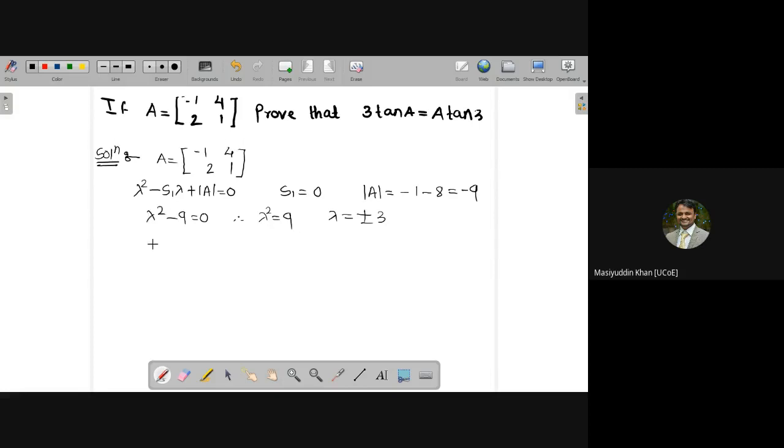Now moving ahead with the next part, we have to find the characteristic equation matrix. This becomes [-1 minus lambda, 4; 2, 1 minus lambda] times the unknowns x1, x2 equal to 0, 0.